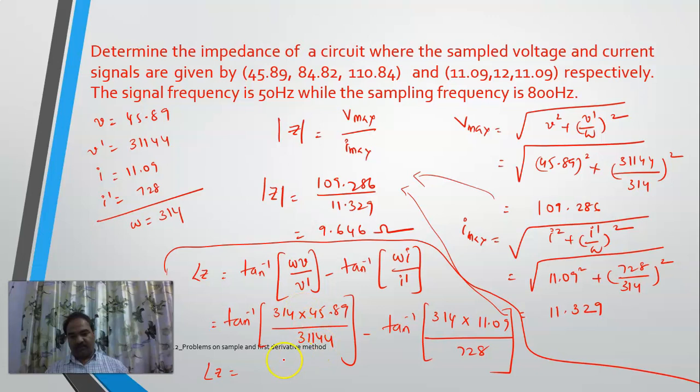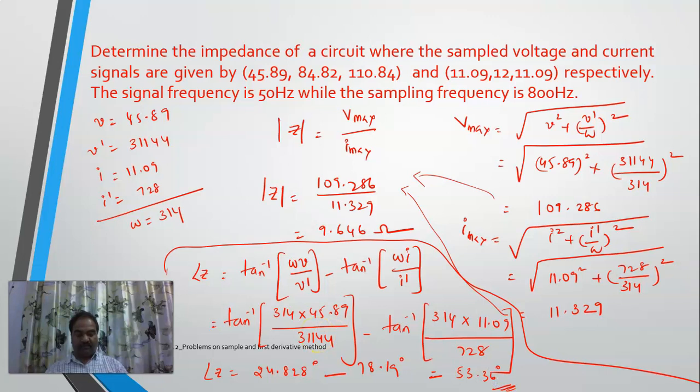So it is somewhere around 24.828 degrees minus 78.19 degrees. So what is the value of this one? 53.36 degrees. So this is the angle value.